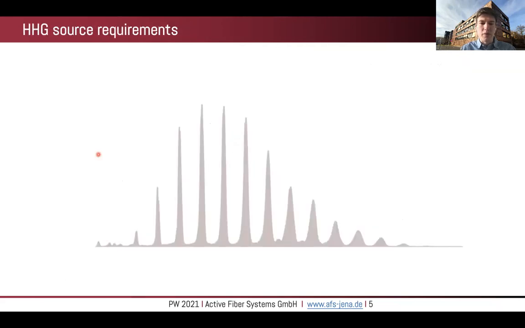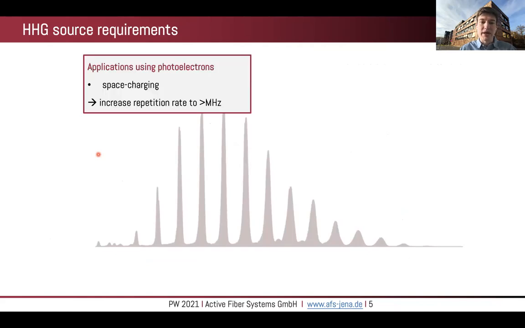To put this a bit more into context, I would like to lay out the HHG source requirements for specific applications. Applications that use photoelectrons, such as photo emission spectroscopy, typically suffer from space charging. That means they have to reduce the number of XUV photons per pulse. And to improve signal and statistics, they have to increase the rep rate to the regime of around 1 megahertz or above.